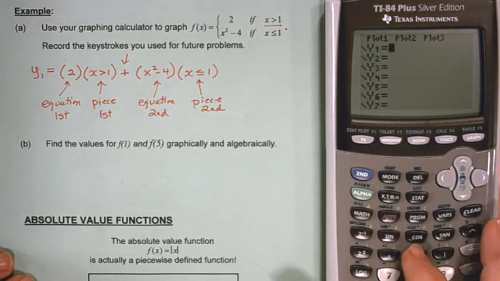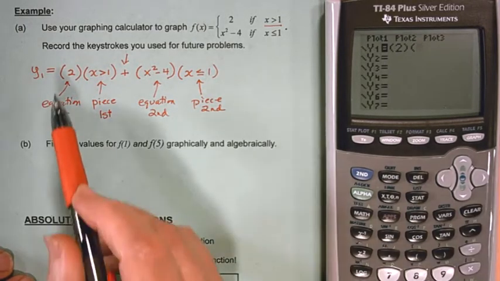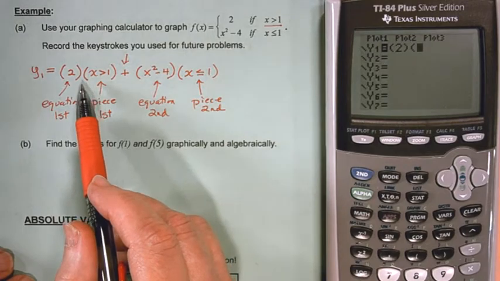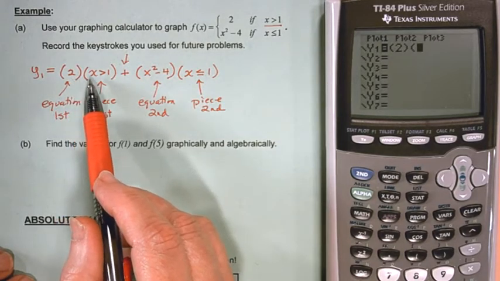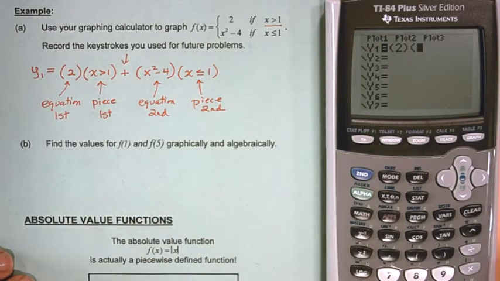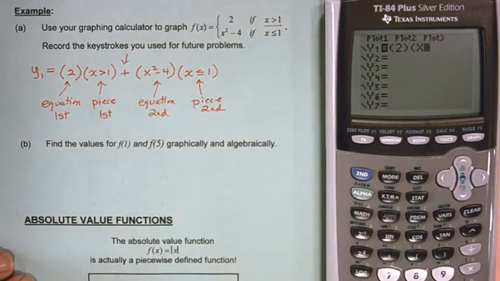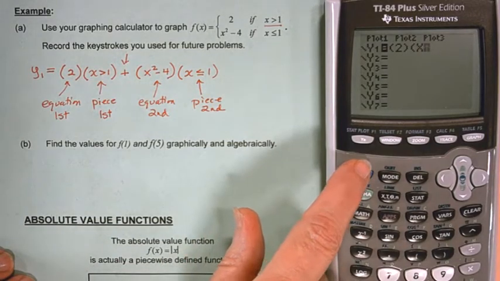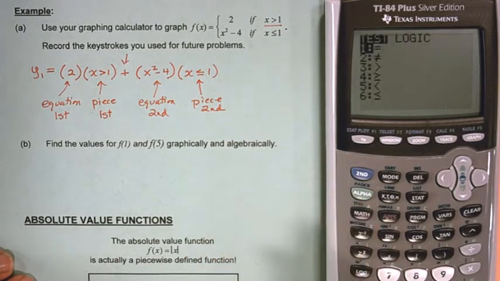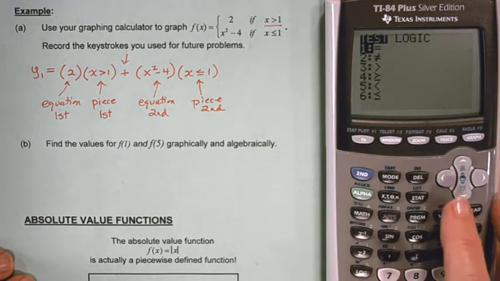I'm going to have parentheses 2, another set of parentheses. Now don't think this is multiplication because your calculator is programmed to know what you're talking about, that that's not multiplication. Type in x. Now we need to have an inequality sign, and where you find the inequality sign is by doing second math. It's actually under test, second math, and you just choose the one you want.